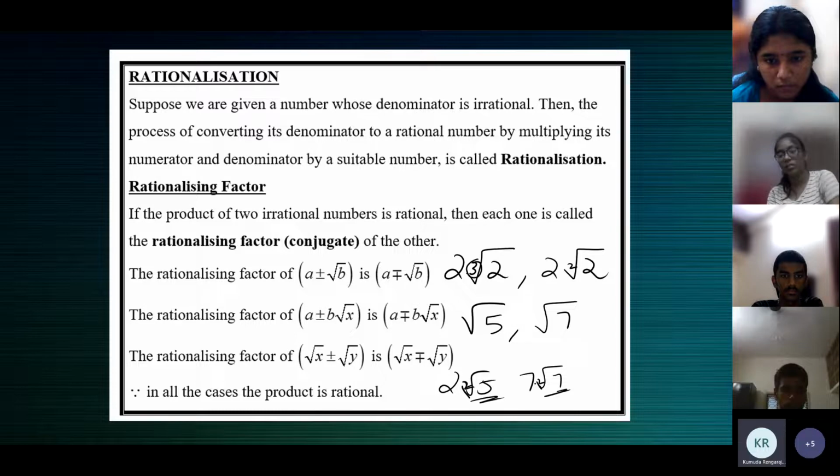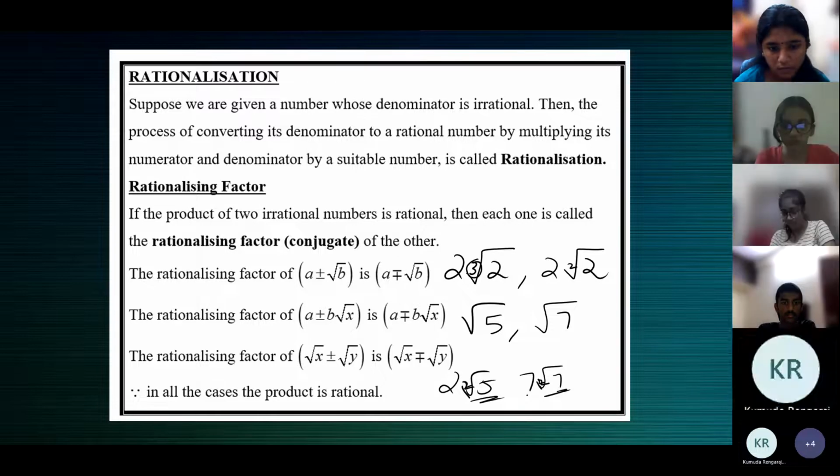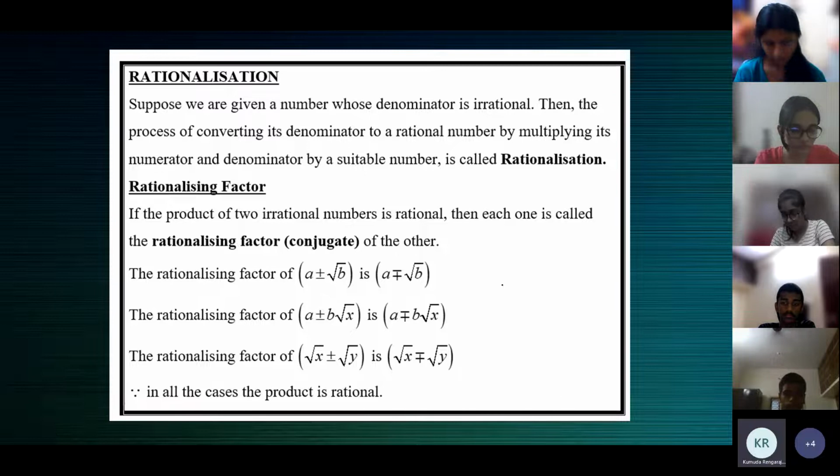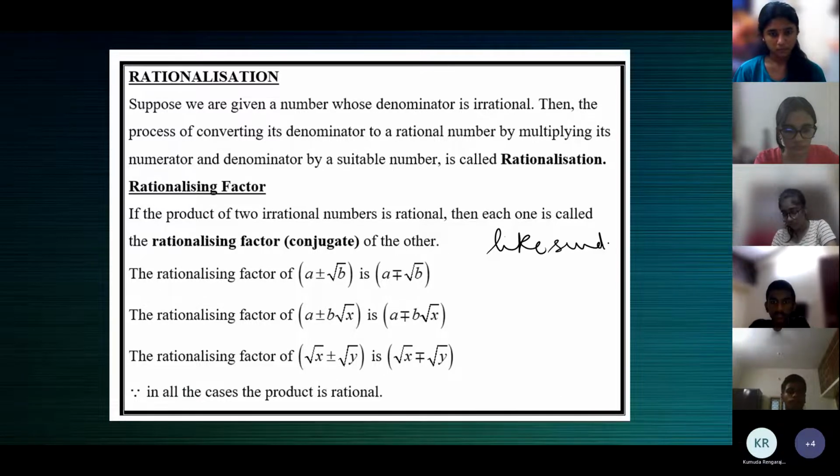They're unlike surds of the same order 2. So you should be able to differentiate between like surds and unlike surds. If they're like surds, they will have the same order.